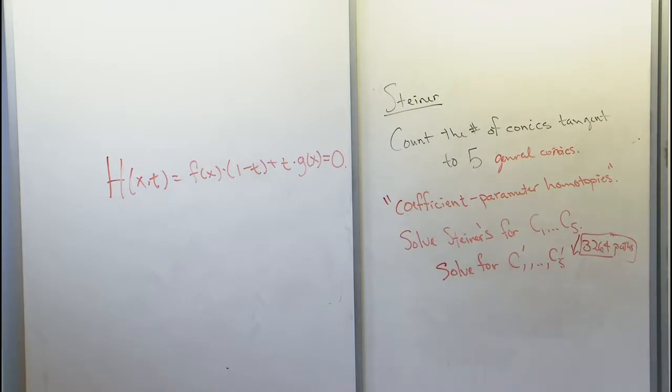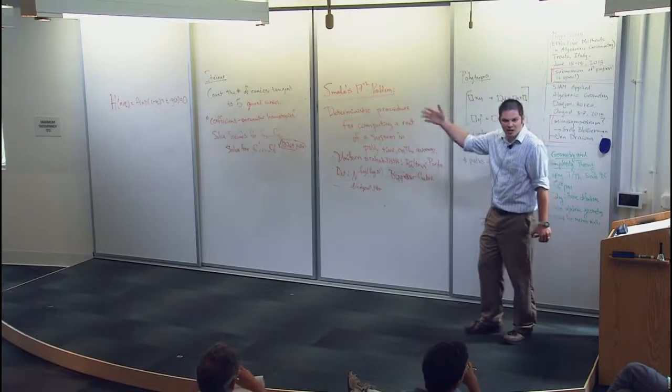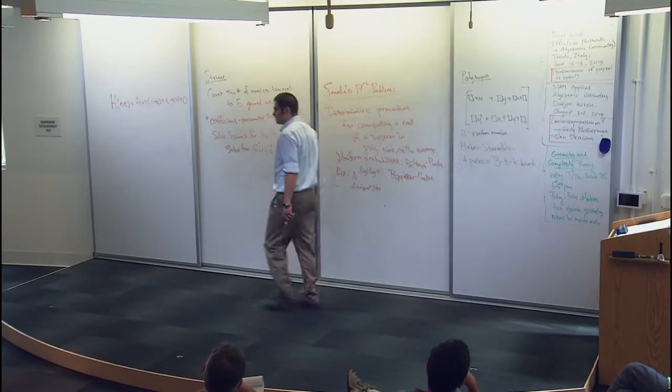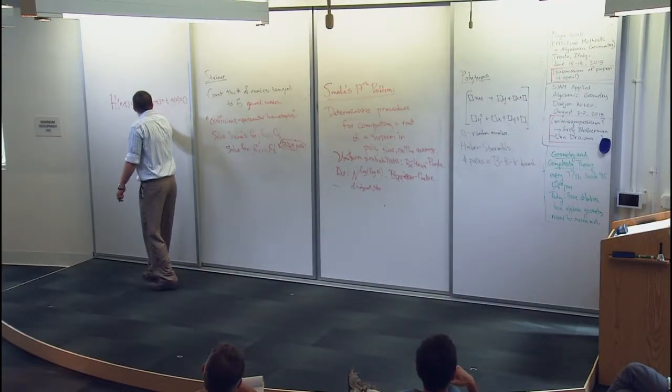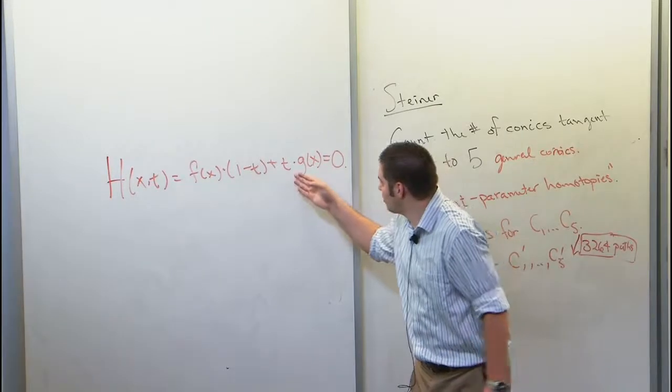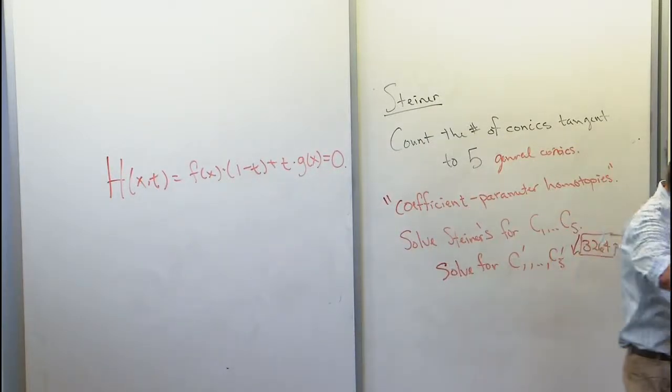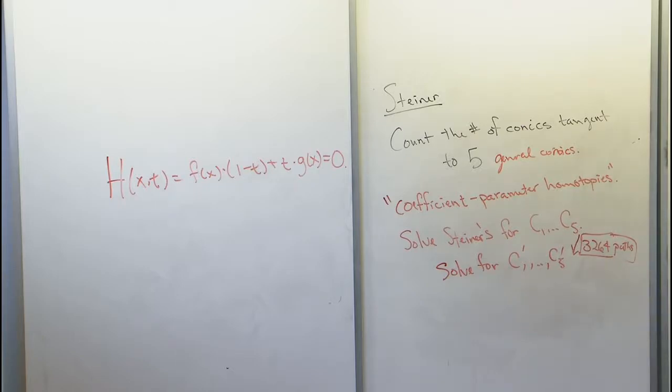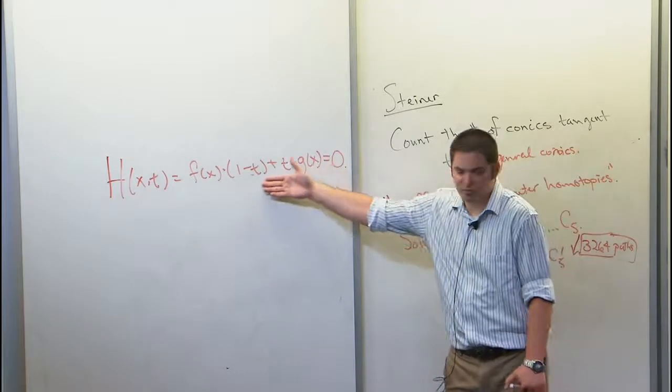This really is a system of equations, and you pick your favorite field that you want to do the computations over. If you think in terms of the homotopies, then I have to have some kind of continuity properties to be able to track my system. But this is really just a system of equations that hopefully define some curves.